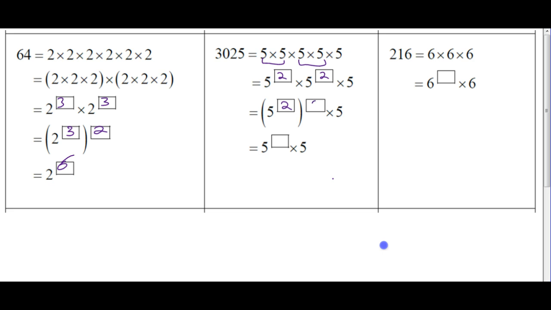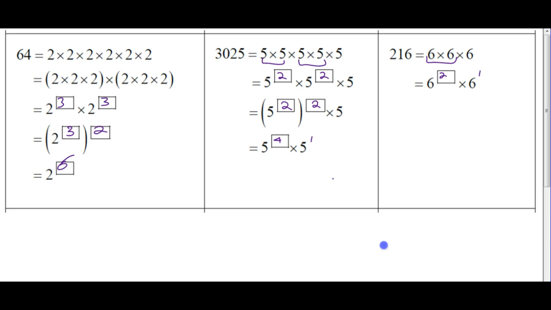So we've got 5 squared squared times 5, or 5 to the 4th times 5 to the 1. So if we have an odd power, we're going to want to split one of them off, leaving us with an even and an odd, and the even power has a square root. That's that thing up there. So 216, even power, we got 6 squared times 1.